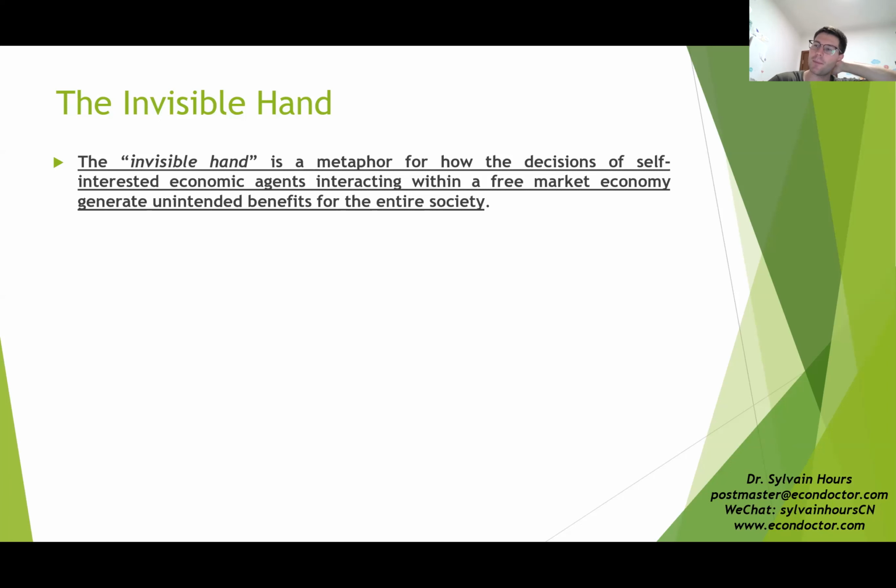I forgot the name, The Theory of Moral Sentiments, I believe. But he uses this term in another context. I think he uses the term the invisible hand of Jupiter in The Theory of Moral Sentiments.